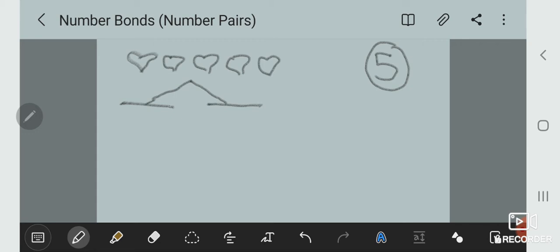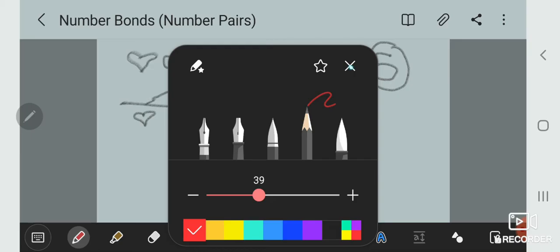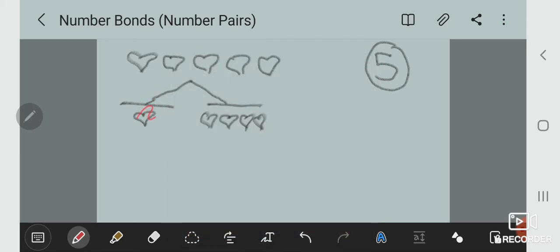So the first combination I can try, if I put one heart here, I can put the rest on this side. So 1, 2, 3, 4, 5. Remember the total is 5, right? So on this side, I have 1.